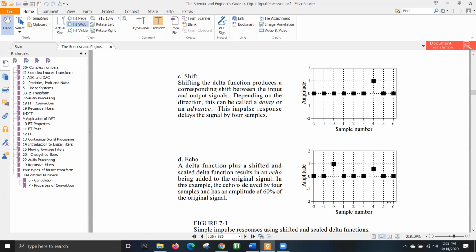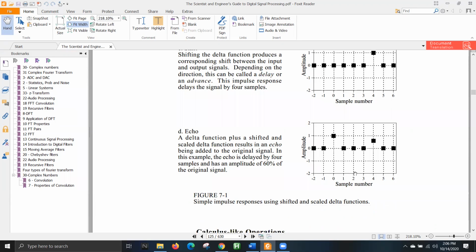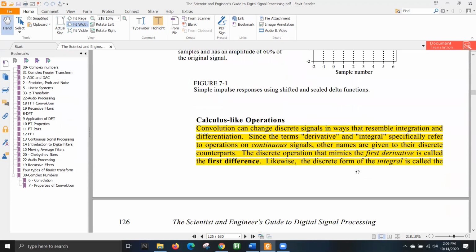If you convolve this h[n] with any x[n], the output signal will be an echo. You'll get the input signal again after a bit of a delay, at a bit lower volume.